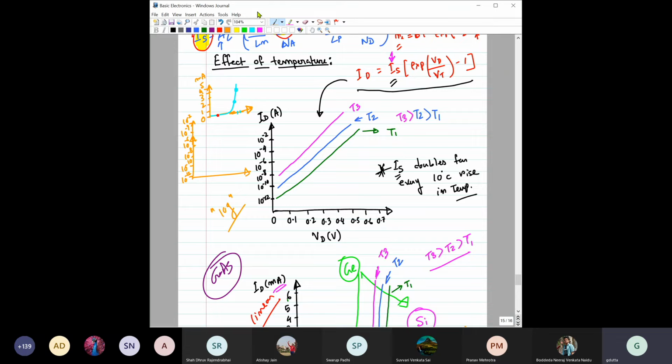See how we are presenting these values. If you are changing from here to here, what is the change?